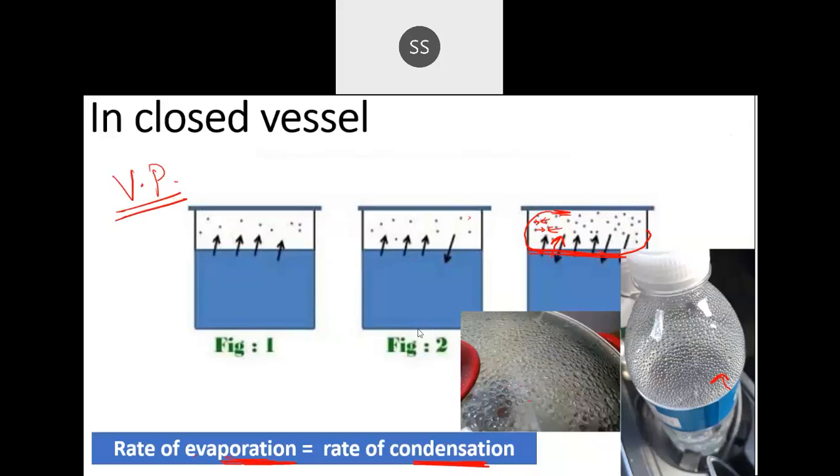When the liquid has gone into the empty space in the closed vessel, important, in the closed vessel, and the rate of evaporation becomes equal to the rate of condensation, whatever pressure is exerted by the vapors, that pressure is called vapor pressure, okay.